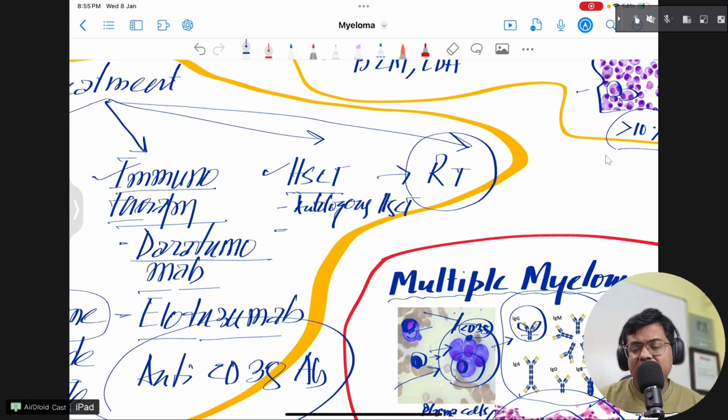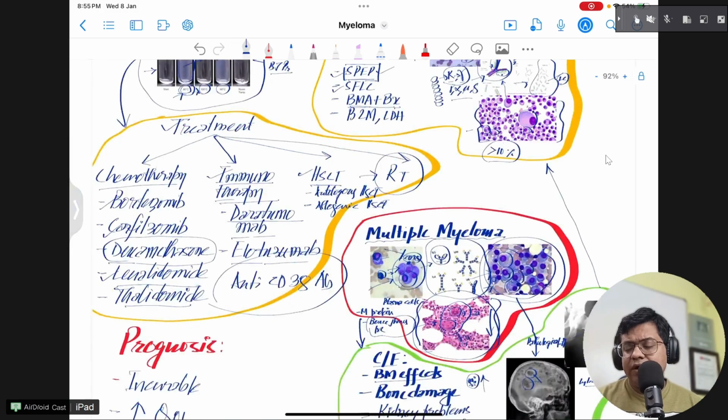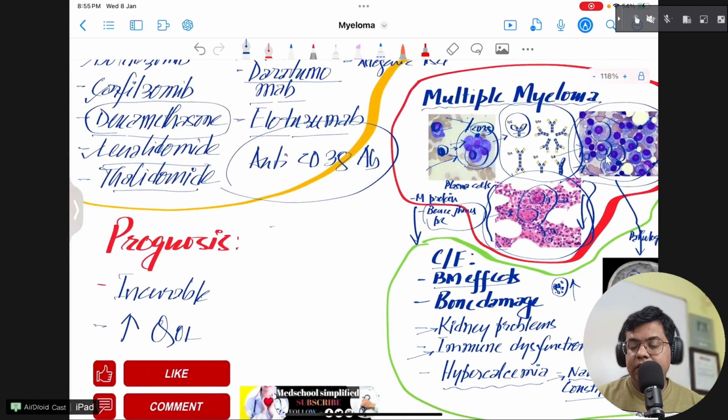But in a few cases, allogenic HSCT can also be done. Now coming to some advanced or very recent treatment modalities, like bispecific antibody or BiTE, and CAR T.